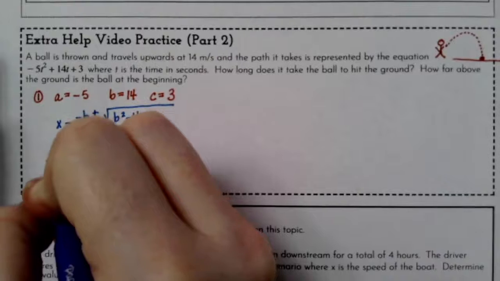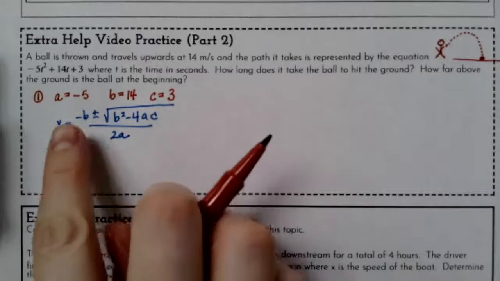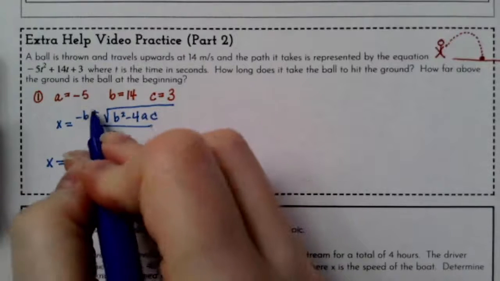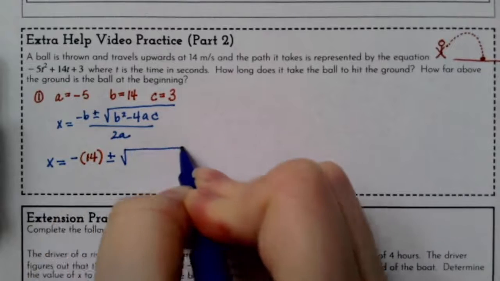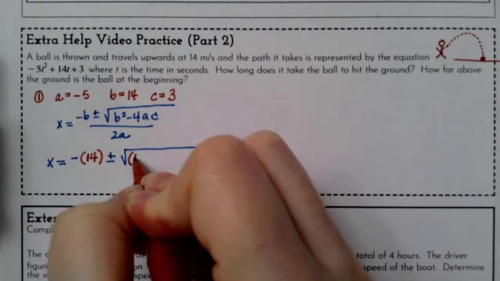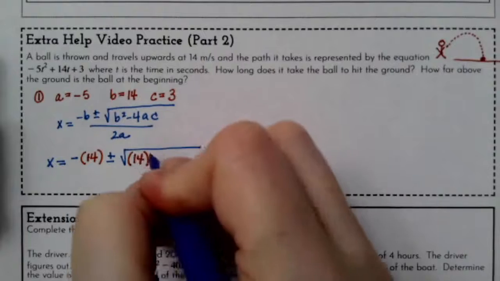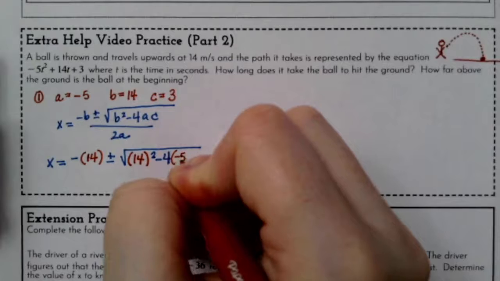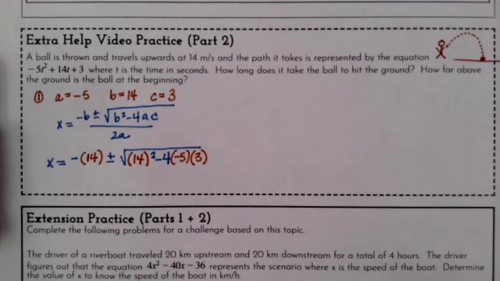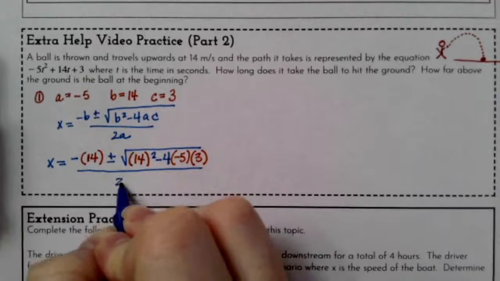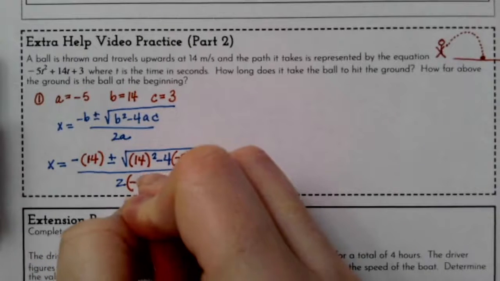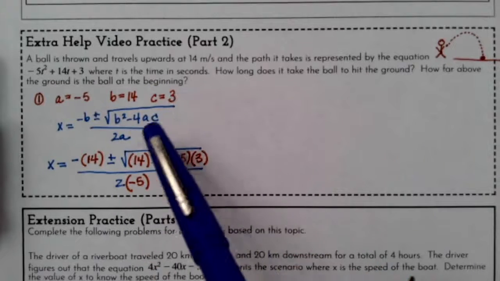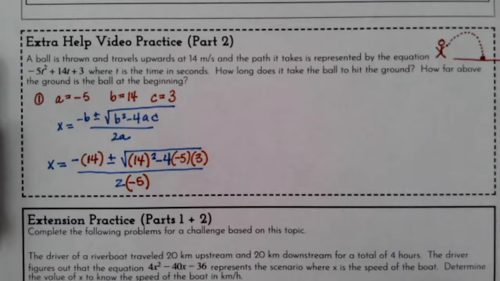So I get x equals, then I have a negative from the formula, and then my b is 14. Plus or minus, square root, b again, squared minus 4, and then I have a inside parentheses and c inside parentheses, all over 2 times a. So I just went through and plugged in my a, my b, and my c inside parentheses into my quadratic formula.